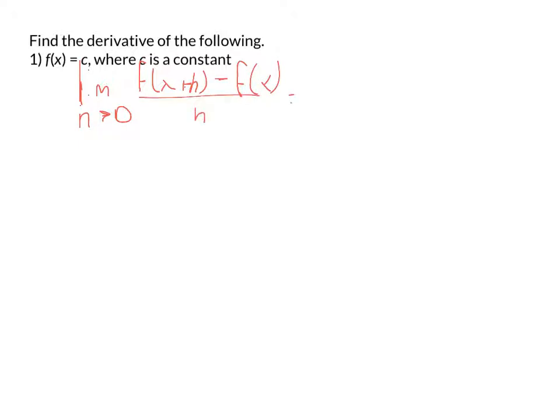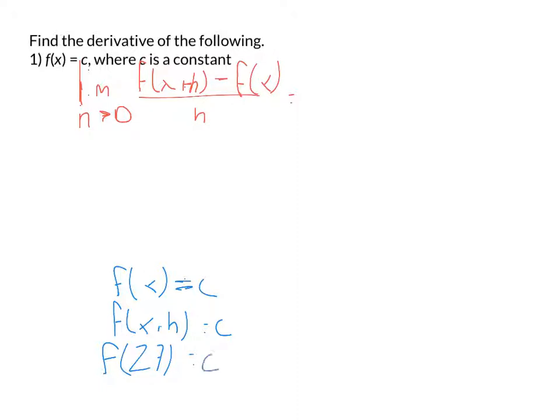But if we do that, considering when we look at f of x, f of x is just c, f of x plus h is just c, you give me anything, f of 27, it's just going to be c. There's no x value to replace in the function, it's always equal to c.